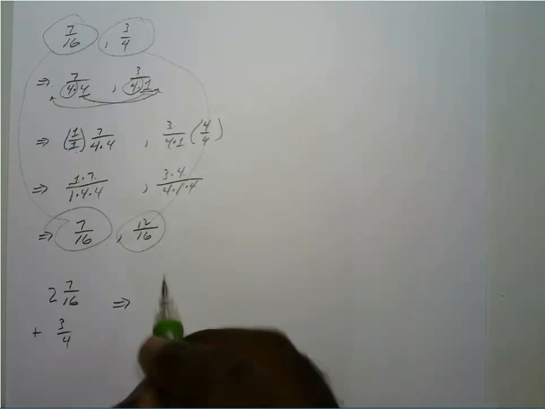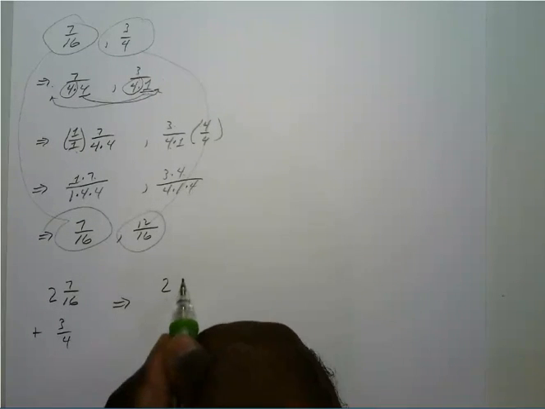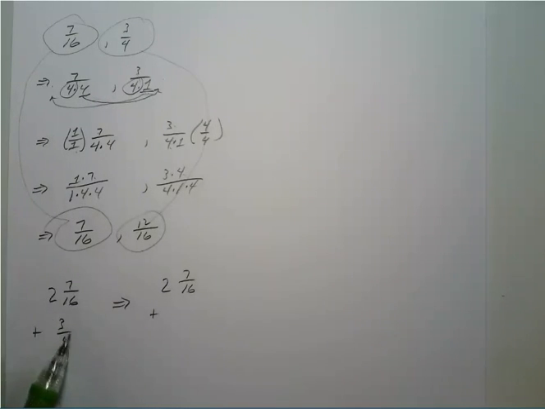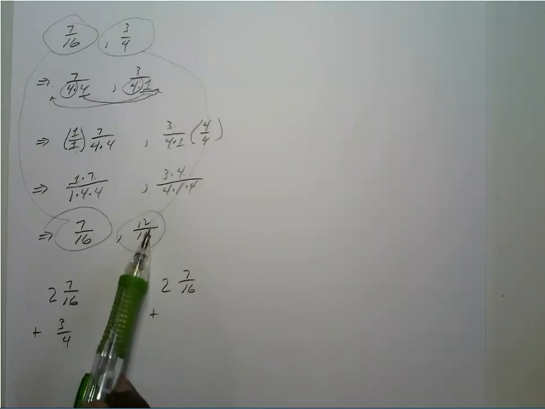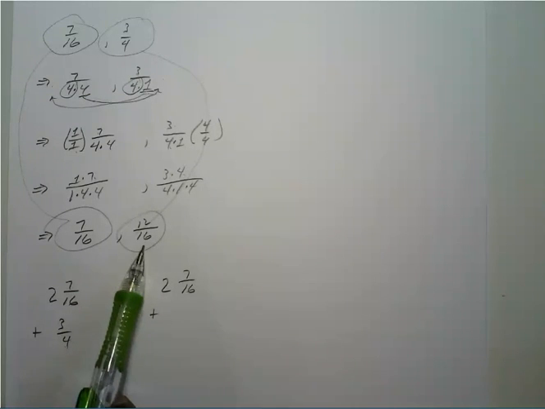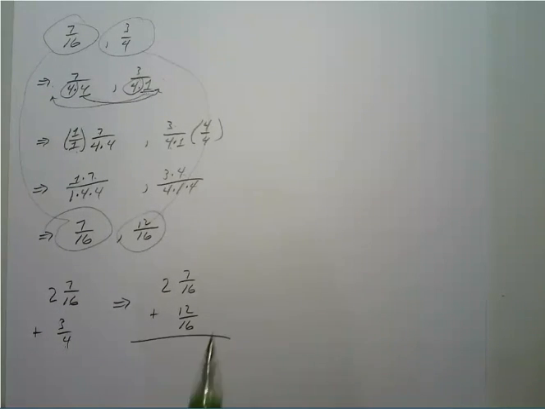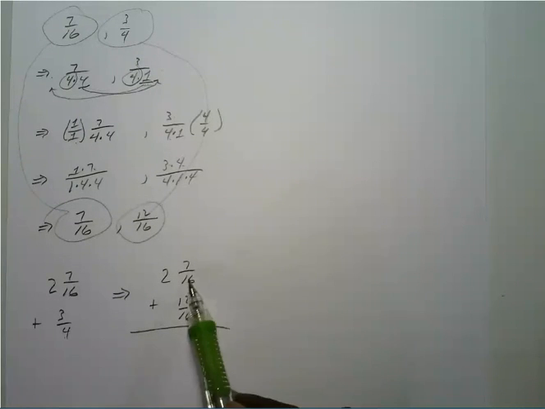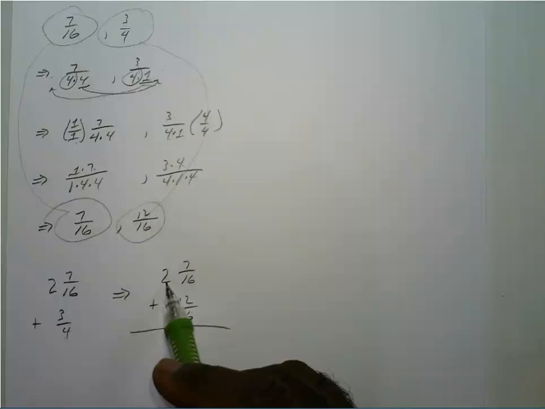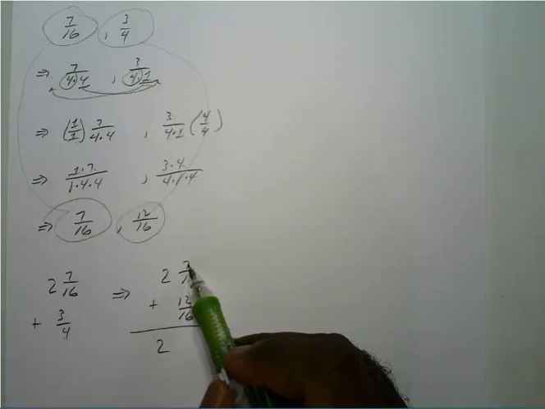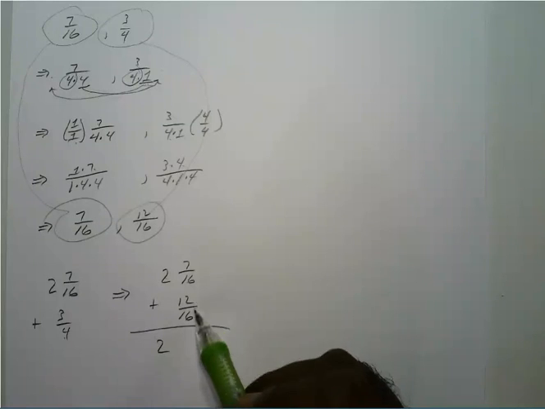We're going to rewrite it as 2 7/16 plus, instead of 3/4, you have the equivalent fraction of 12/16. Okay, now that our denominators match, we add our whole numbers. So you have 2 plus 0, which is 2, and we add our fractions. 7 plus 12/16.